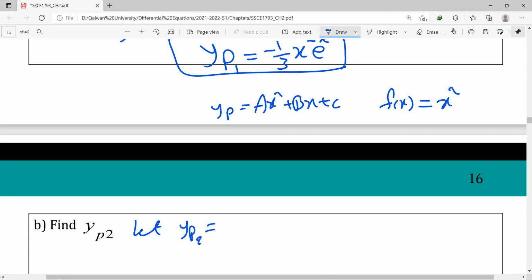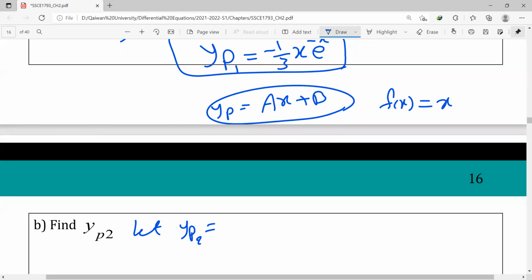So what if the right hand side is only x? We say it is ax plus b. Here, because it's degree 1, we just write down a polynomial of degree 1. We don't need to write down a degree 2 polynomial.